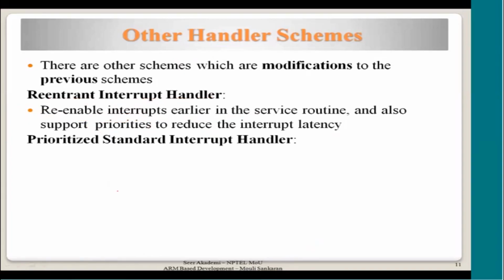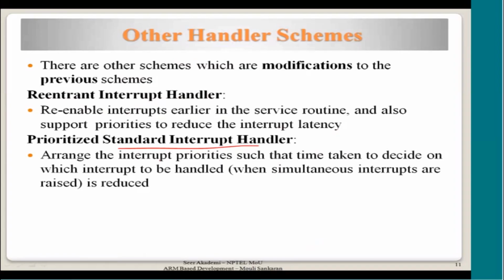Another one is the prioritized standard interrupt handler. What do I mean by that? Arrange the interrupt priorities such that the time taken to decide which interrupt to be handled is reduced. In this case, it looks at everything, and in the order in which it checks, it will go on to service the highest available interrupt which is enabled. It will service it, but it has to waste time in checking them.